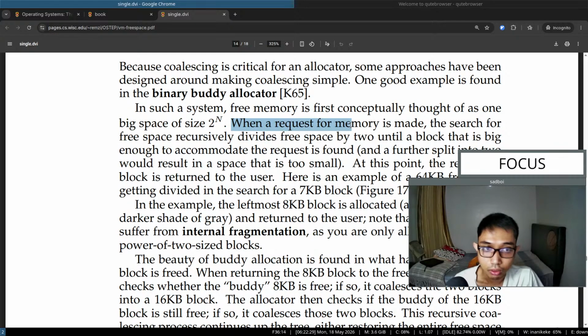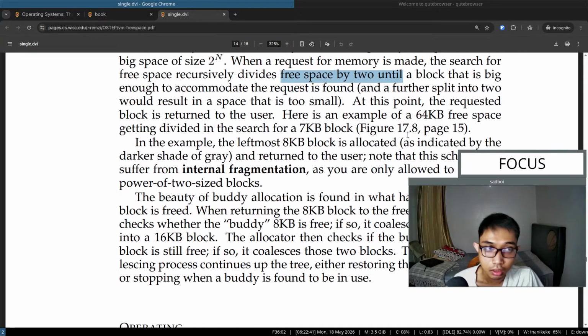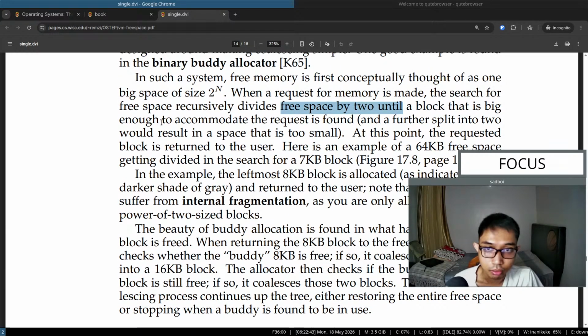When a request for memory is made, the search for free space recursively divides free space by 2 until a block that is big enough to accommodate the request is found, and a further split into 2 would result in a space that is too small.